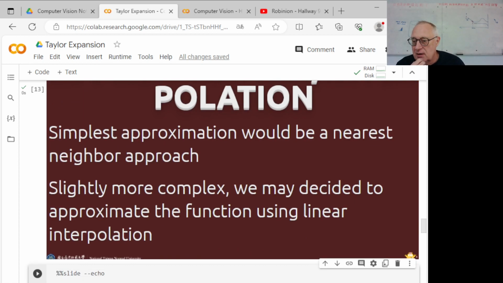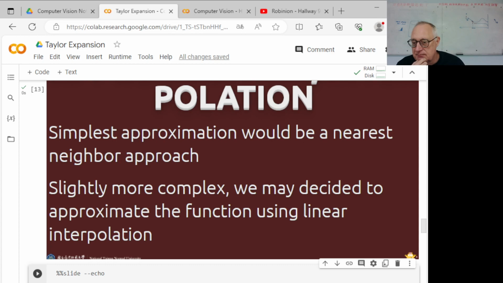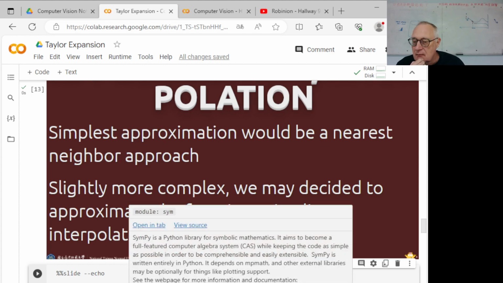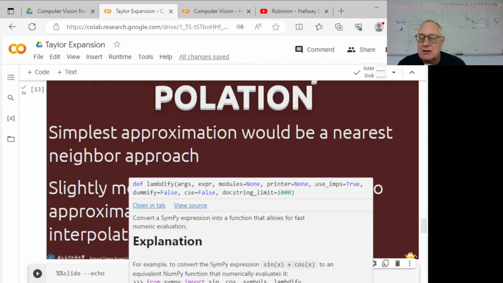So now here I can calculate the Taylor expansion of my function, which simply takes a function and also generates a subroutine that I can call with the value of x, and then it returns the actual number.